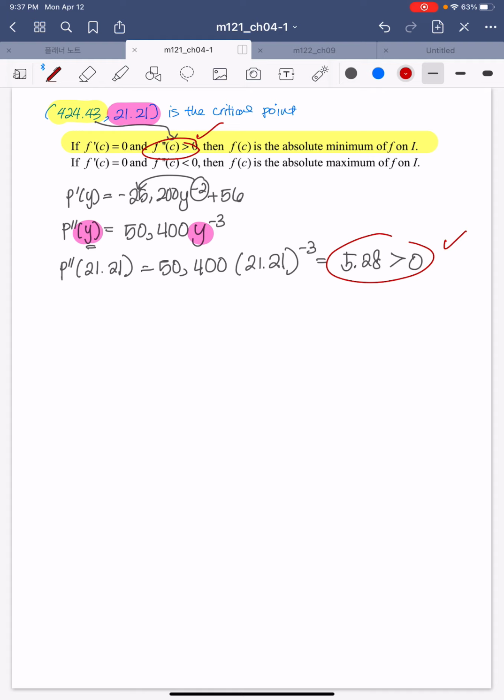So what does that mean? Our critical value, this one over here, is our minimum value. Absolute minimum.